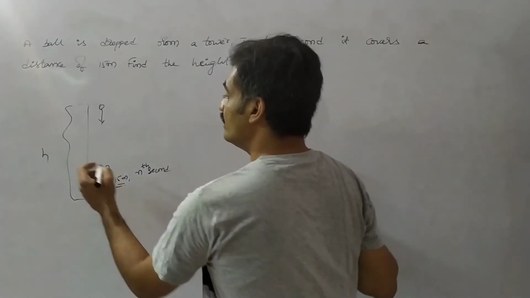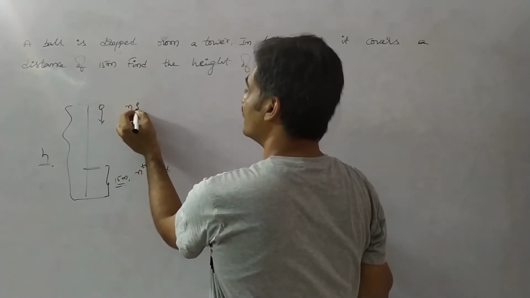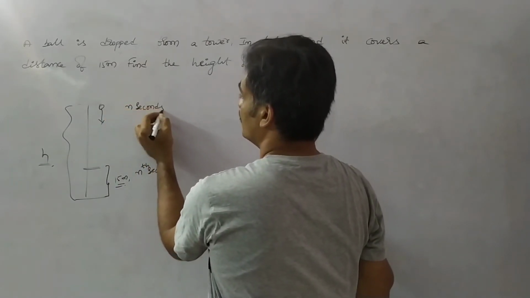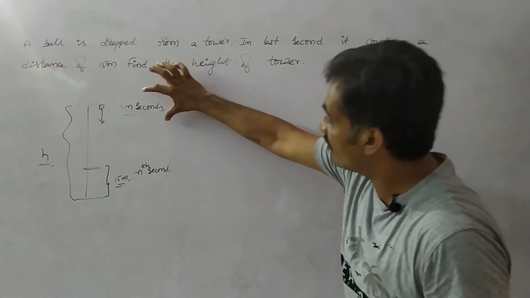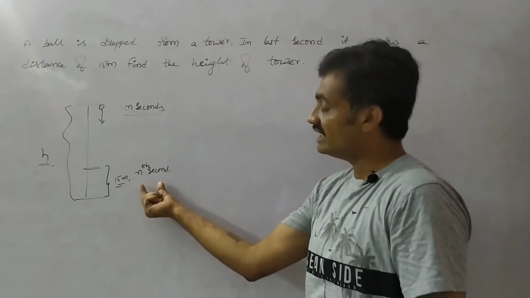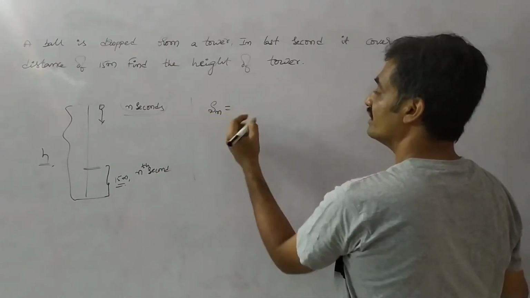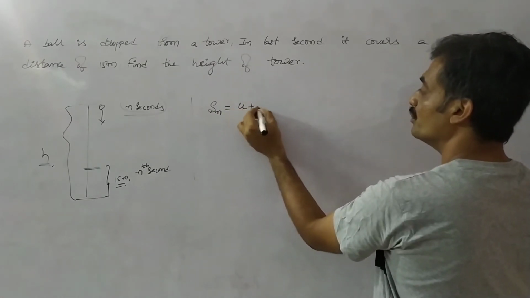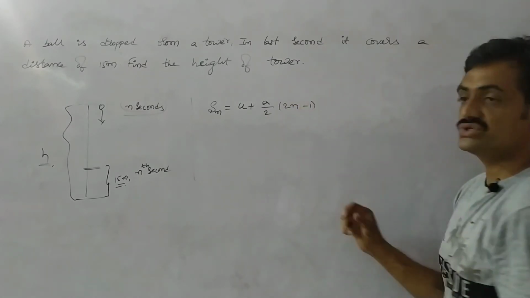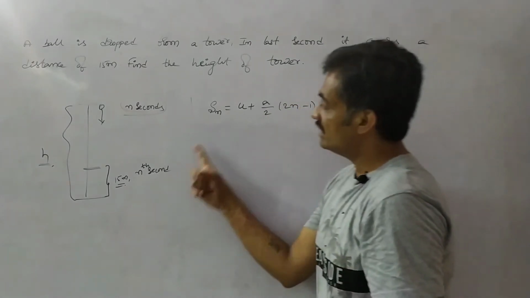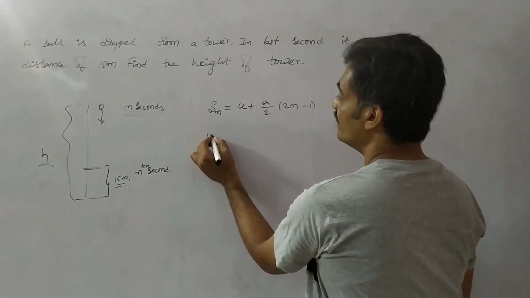So now, in order to cover this distance, let us consider the body has travelled n seconds. We have to find this time based on the nth second equation. We know that Sn equals u plus a by 2 into (2n minus 1). In the nth second, the last second, the distance covered by the body is 15 meters.